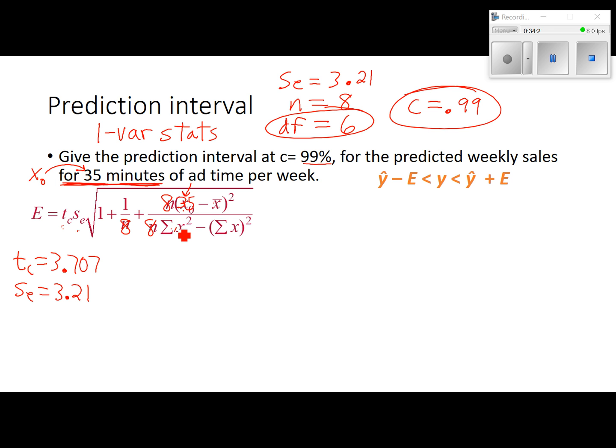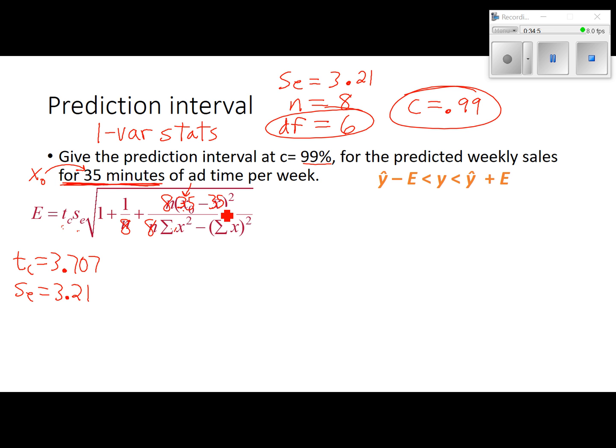And I'm going to put them in list 1. All you're putting in is one of the lists now, because we're just dealing with the one variable, just the x's. And it tells me the x bar is 35. Probably shouldn't have picked 35 as what I wanted to predict on, but oh well, we'll try it and see.